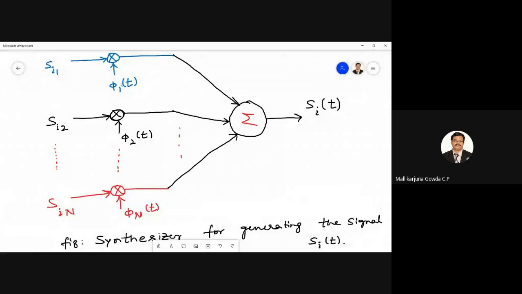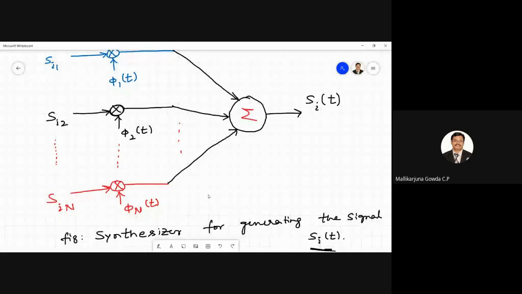I add all those and send the cumulative modulated signal, Si of t. So Si of t is a modulated signal. Here I have n different message signals, and each message signal I multiply by a different carrier frequency. These basis functions are nothing but carrier frequencies, phi1 of t, phi2 of t, phi n of t. Hope you got my point.